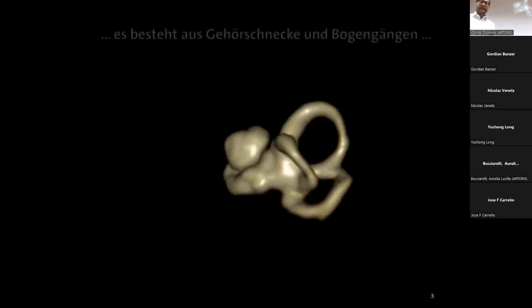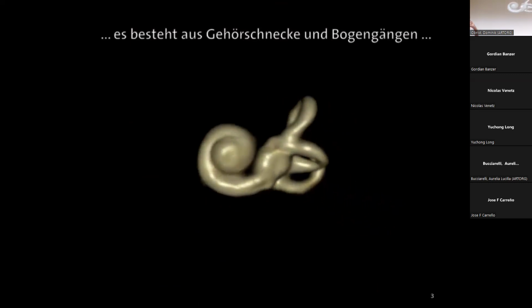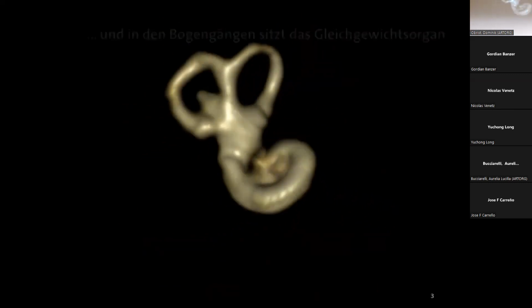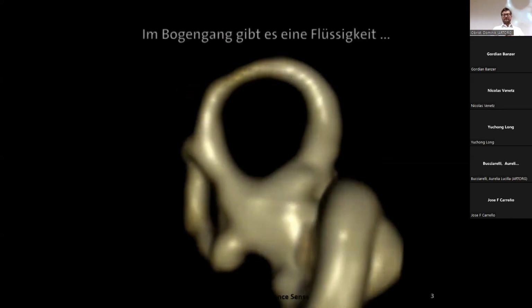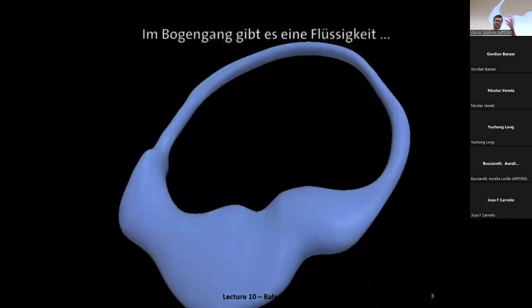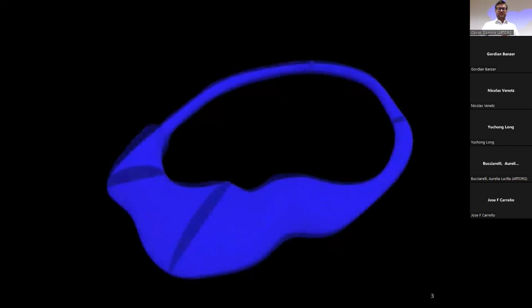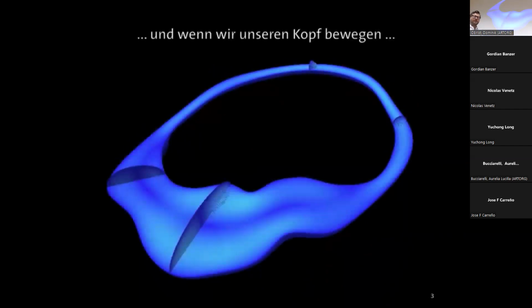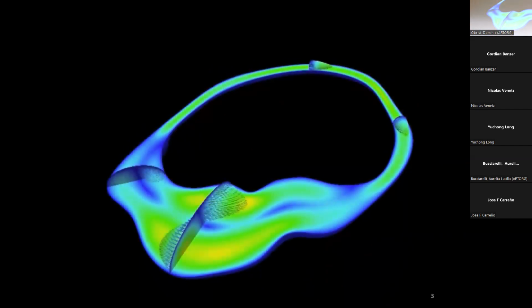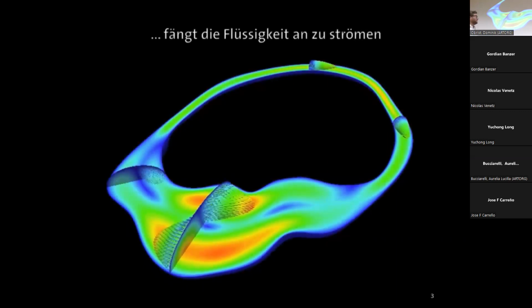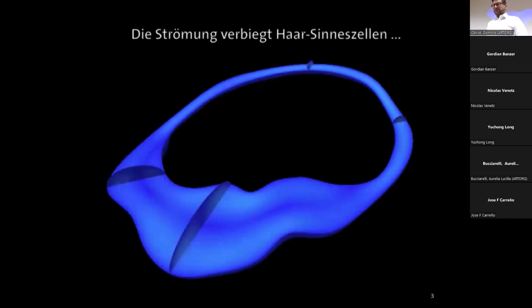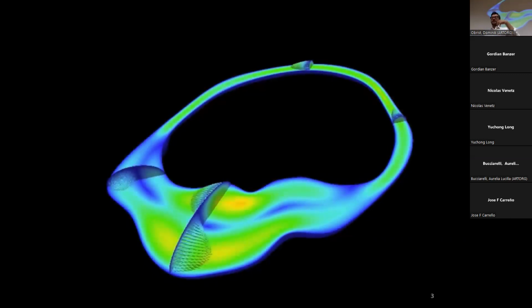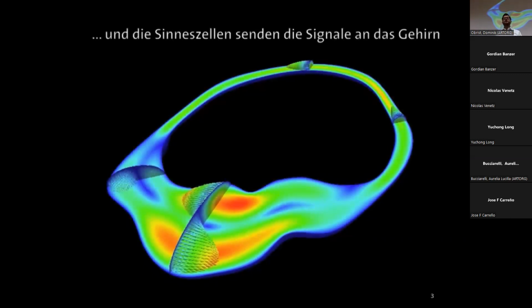We're now zooming into the inner ear and into one of the three semicircular canals, and they're filled with fluid. And now it's going over to a CFD simulation where he simulated the fluid flow inside one of these semicircular canals, which is induced through motion of the head.